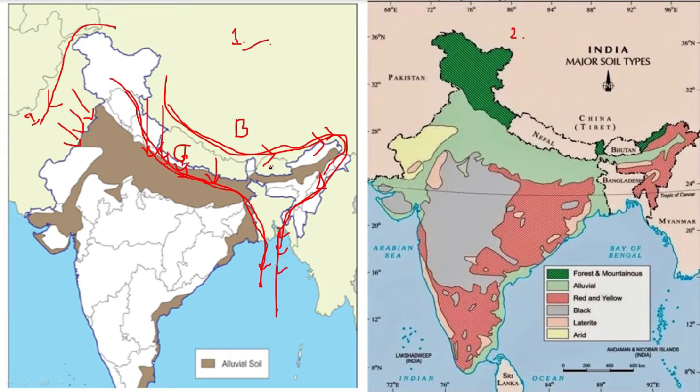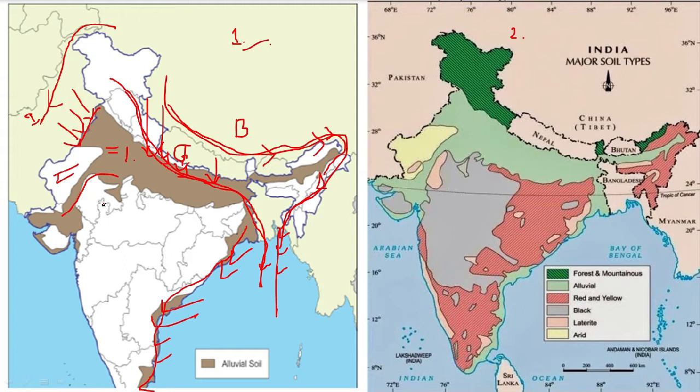So this is how the entire northern plains are made up of alluvial soil, which you can see here in this map very easily. The color brown is showing the northern plains here and the deposition of the alluvial soil. We also get to see the deposition of alluvial soil on the eastern Ghats of India and to some fragmented parts of Rajasthan and Gujarat. So this was the distribution of alluvial soil.